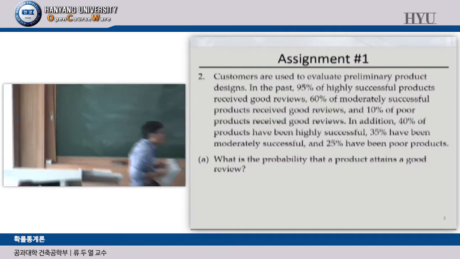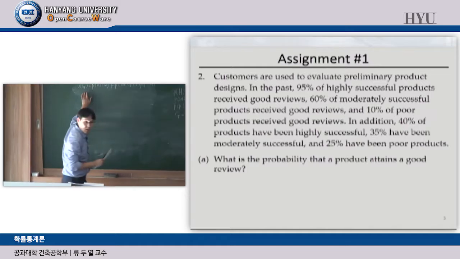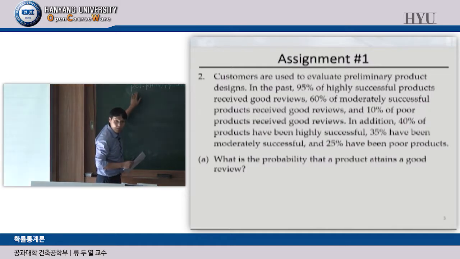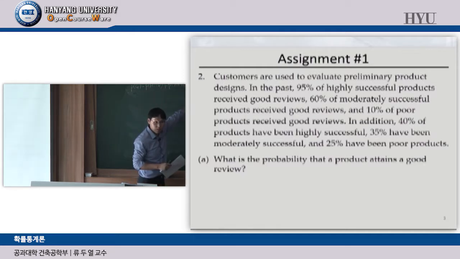Because we can have the good review, but we have three levels of the product. First is the highly successful product, second is the moderately successful product, and third is the poor product. To have the total probability of the good review, we have to add all these three combinations, right?